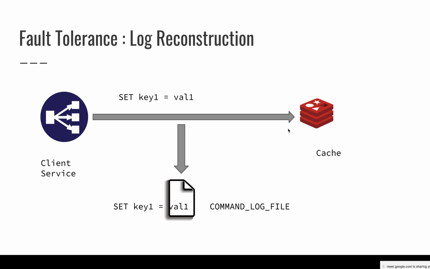So the set key1 equal to val1 is accepted by the cache, and this particular command is written in this command log file. Command log file is nothing but a log of all the commands that have been issued to the cache so far.